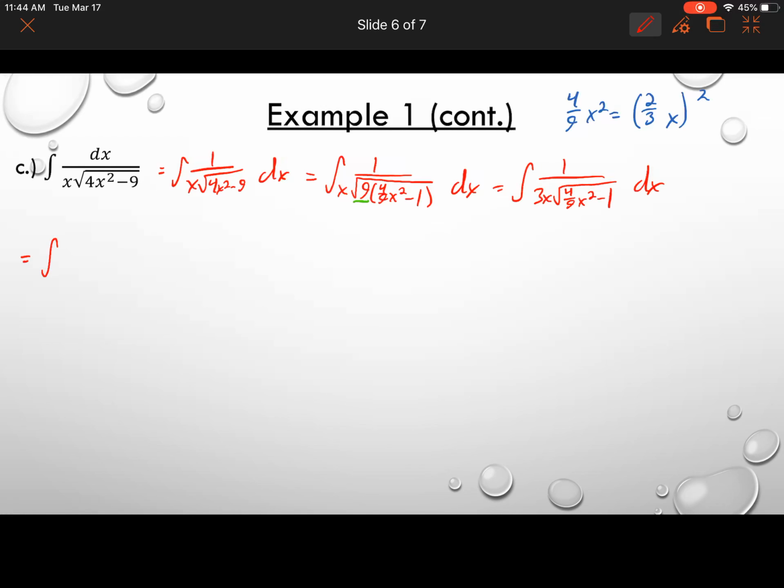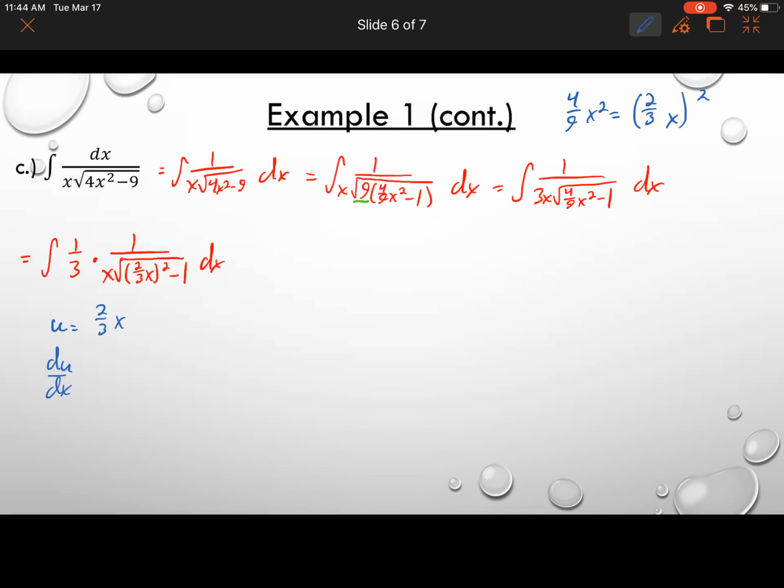So the integral, and I'm going to write that 1 over 3 in the front, times 1 over x. Now we have a square root of a quantity squared, 2/3 x squared minus 1 dx. Now we're going to do our substitution like we have done previously. u is equal to that quantity, 2/3 x.